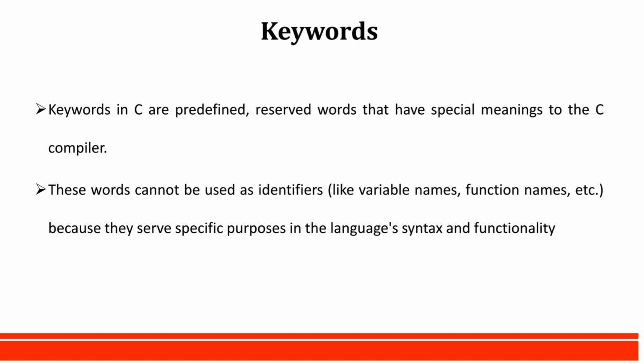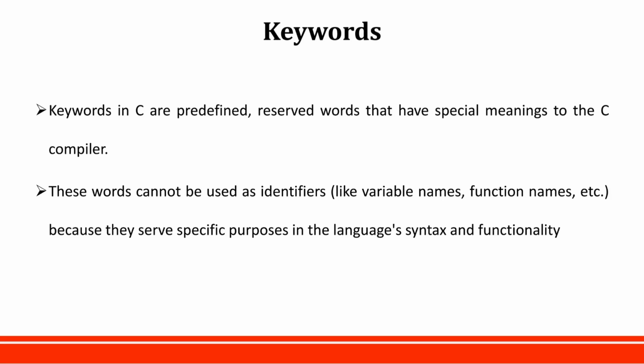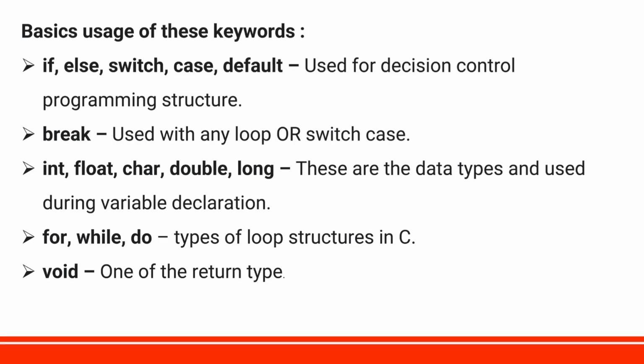The next keywords are break and continue. The break keyword is used to terminate the innermost loop. It generally terminates a loop or a switch statement. The continue keyword skips to the next iteration of the loop. Next one is switch, case, and default keywords.